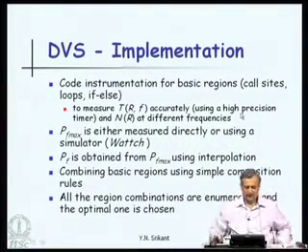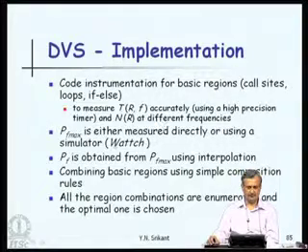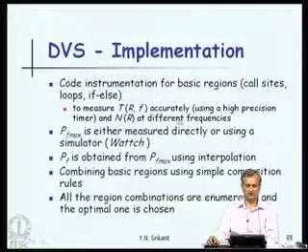T(r, f) is the time required to execute region r at frequency f, and n_r is the number of times region r is executed. So, this can be measured using a counter. Code instrumentation is needed to start and stop the timer and also increment the counter at the various basic region levels.